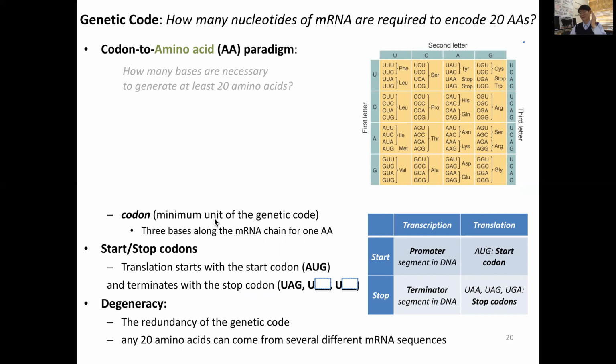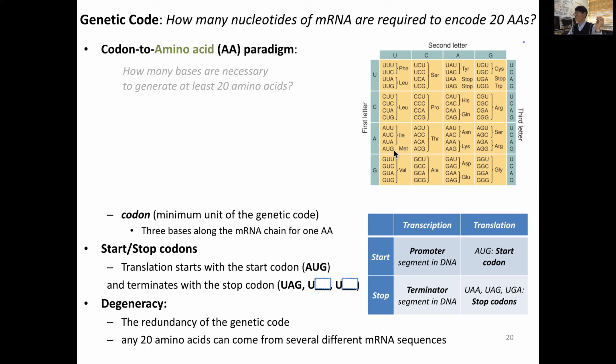You can see here, UUC codes for phenylalanine, these code for leucine, and AUG encodes methionine. And you can see there are stop codons.